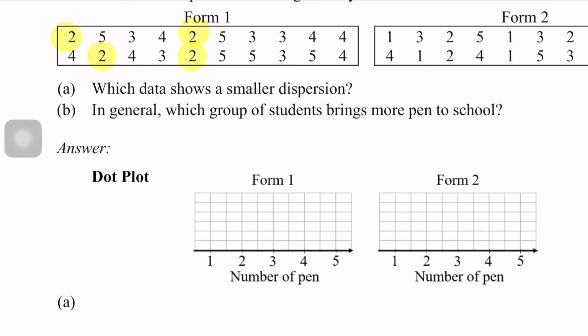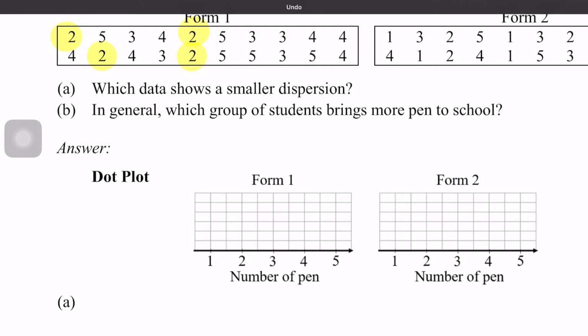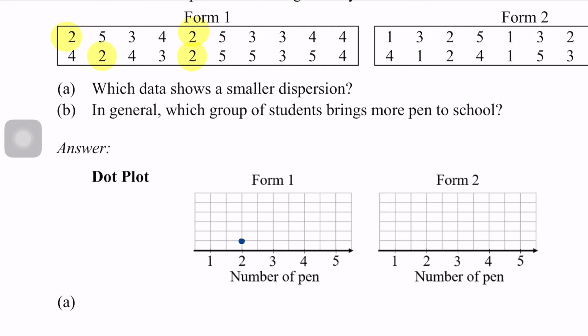So lukislah, kita guna dot. 1, 2, 3, 4. Next, number 3. Ada berapa number 3? 1, 2, 3, 4, 5. Betul? Okay, so buatlah 5.